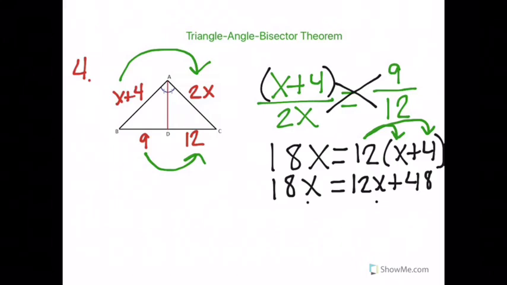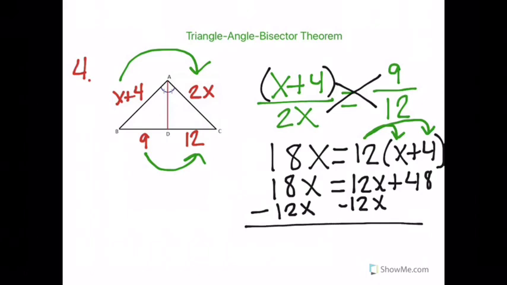We have x's on both sides. So let's move one of them over. I'm going to move the 12x over. We do that by subtraction since it's positive 12x. Subtract 12x from both sides. Gives me 6x equals 48. Divide both sides by 6.